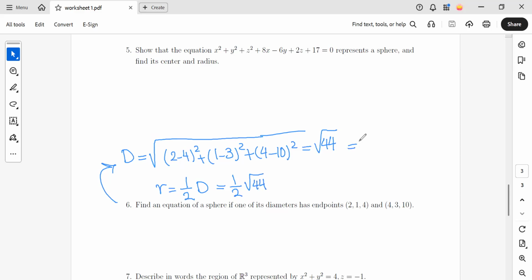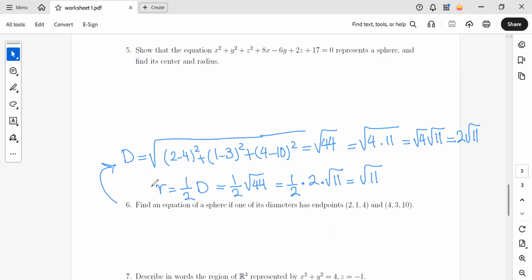We know that this can be written as 4 times 11, and we can write it as square root of 4 times square root of 11, which is 2 square root of 11. So here we can write it as 1/2 times 2 times square root of 11. So the radius would be square root of 11.